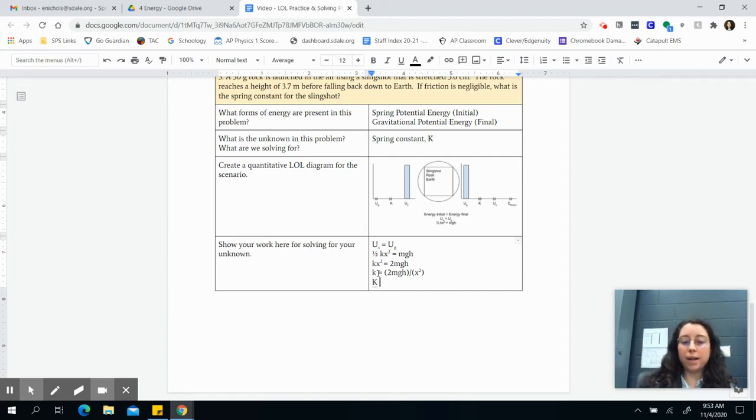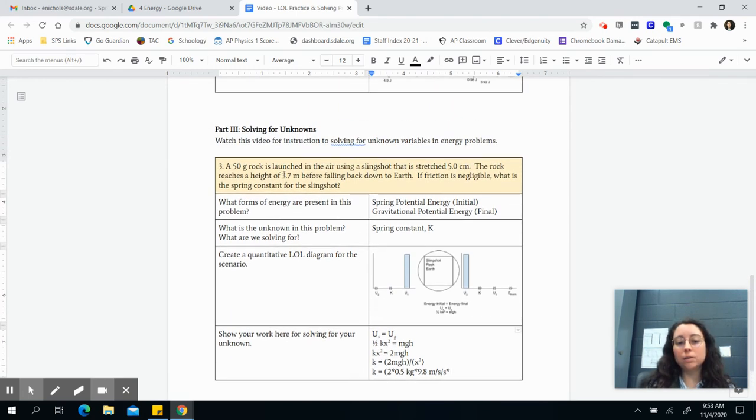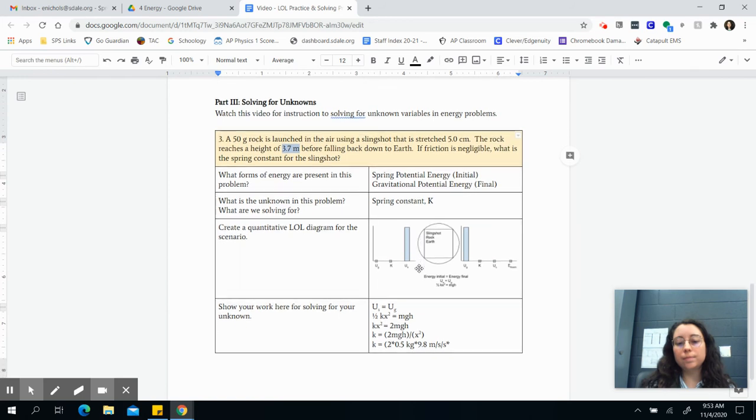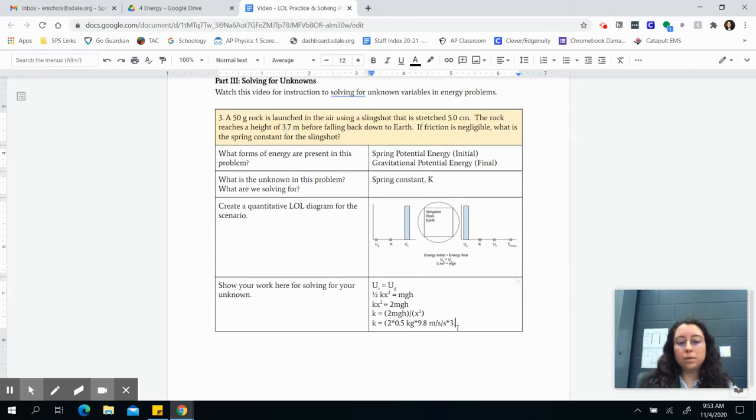So I've got k equals 2 times my mass, which is 0.5 kilograms, times gravity, which is 9.8 meters per second squared, times my height, which is 3.7 meters. And all of that is going to be divided by my x.